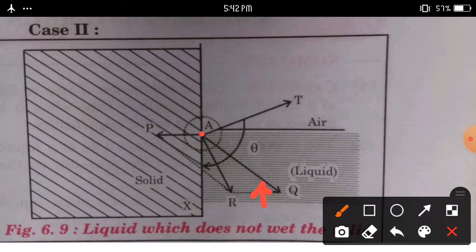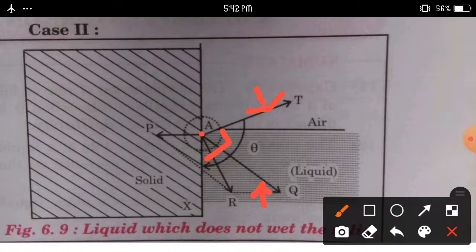Therefore the resultant force AR is inside the liquid. In equilibrium, the tangent AT is perpendicular to AR.